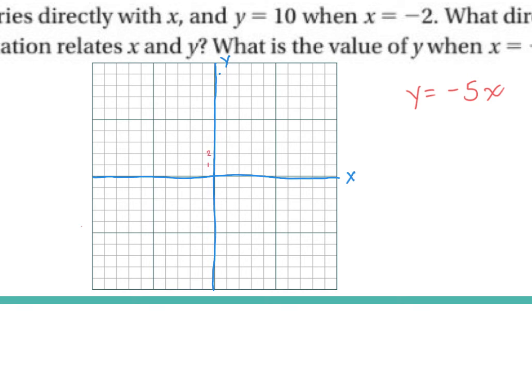So 1, 2, 3, 4, 5. Negative 1, negative 2, negative 3, negative 4, negative 5.